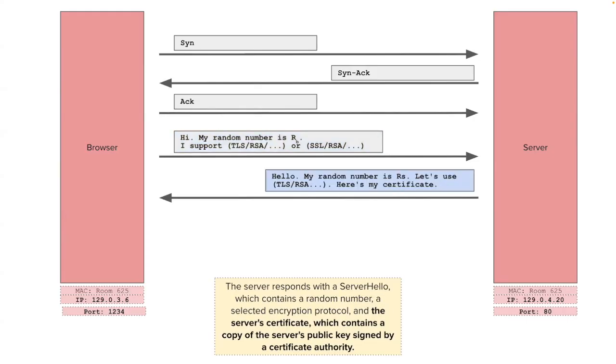When the server sees this message, it will also respond with another random number, RS. You can think of these two as the random source of this connection, and also a list of protocols that the server supports. So the protocol is in this case TLS, right?